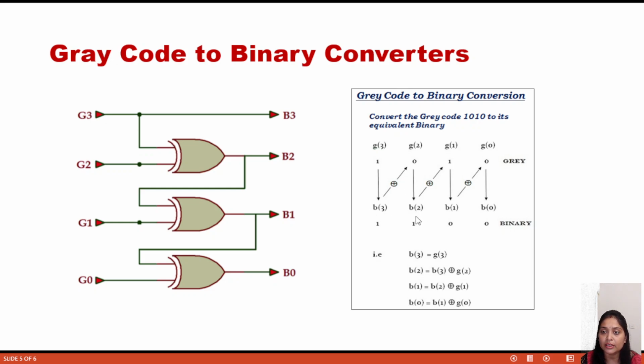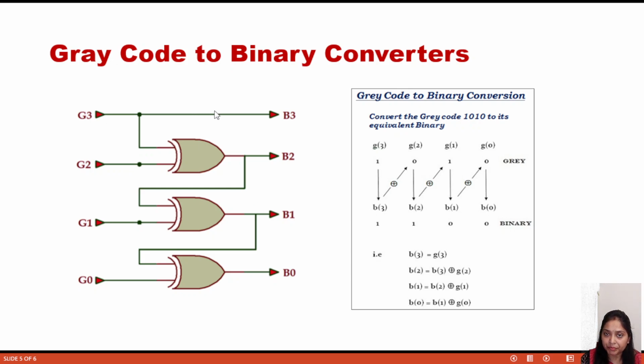For B1, B2 XOR G1, and for B0, B1 XOR G0. This is already written: B3 is directly G3, B2 is B3 XOR G2, B1 is B2 XOR G1, and B0 is B1 XOR G0.